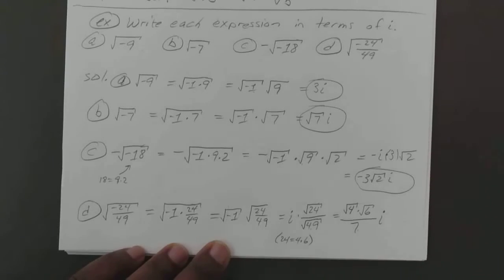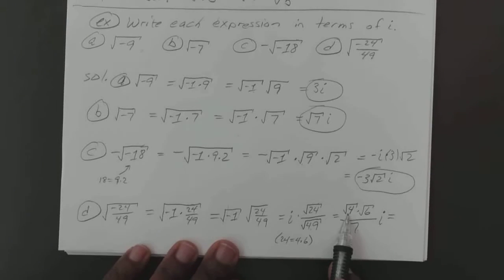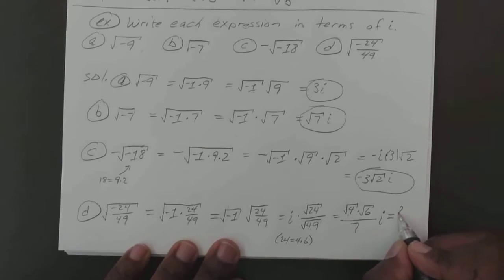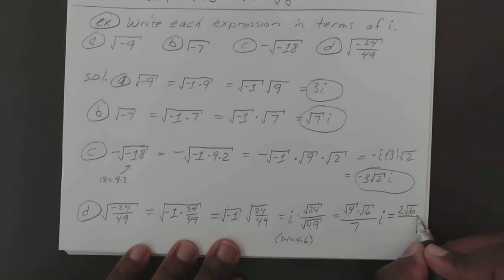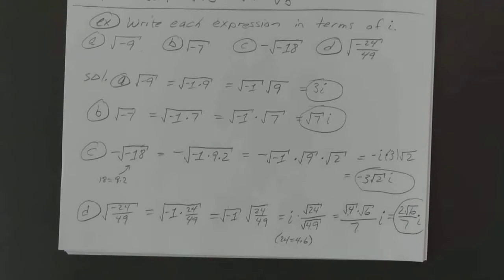And don't forget our I. The square root of 4 is 2. So you have 2 square root of 6 over 7 I. All right, so any questions on that one?